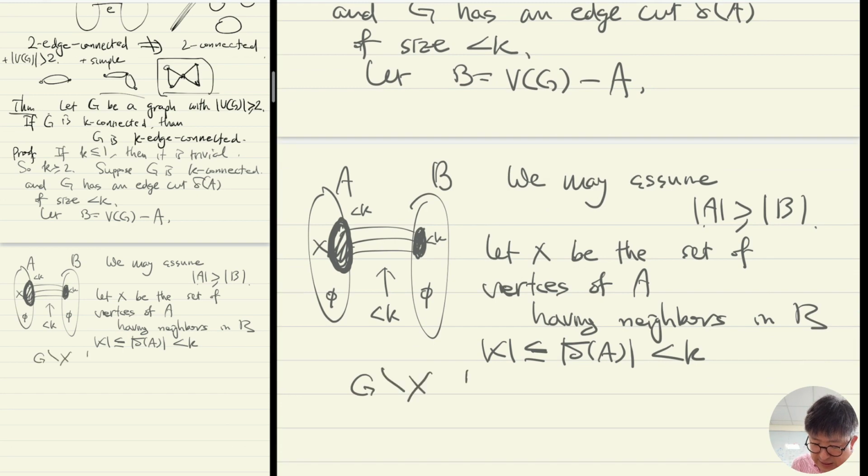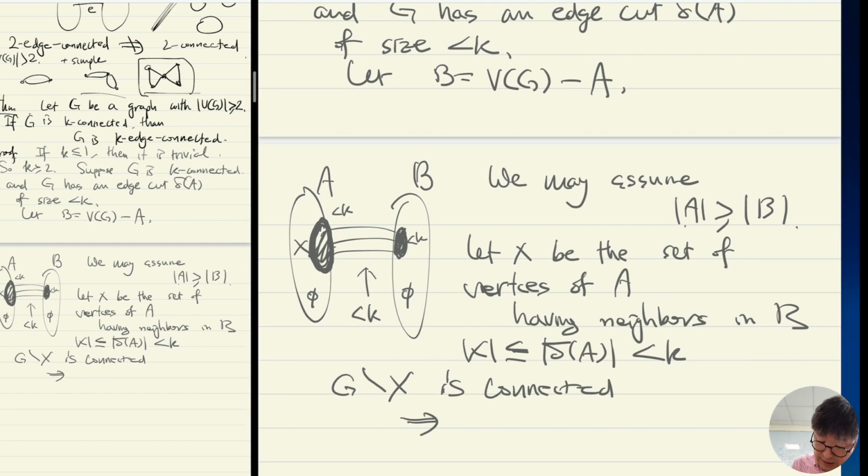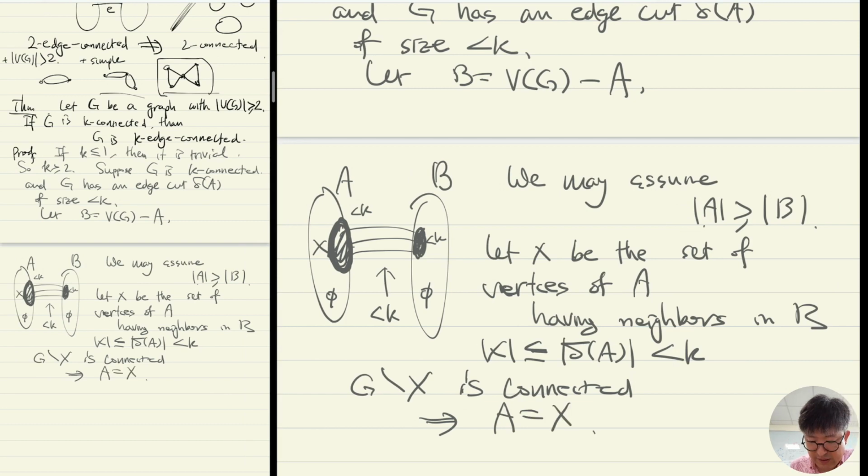So G delete X is connected, means that A is equal to X, right? There are no other vertices. Sure.